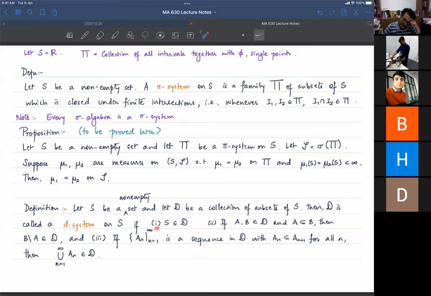The first thing is that the whole set S is an element of D. Second is if A and B belong to D and A is sitting inside B, then B minus A is an element of D. And third, if A_n, n going from 1 to infinity, is a sequence in D with A_n contained in A_{n+1}, then the union of all the A_n is in D. So here's a question.